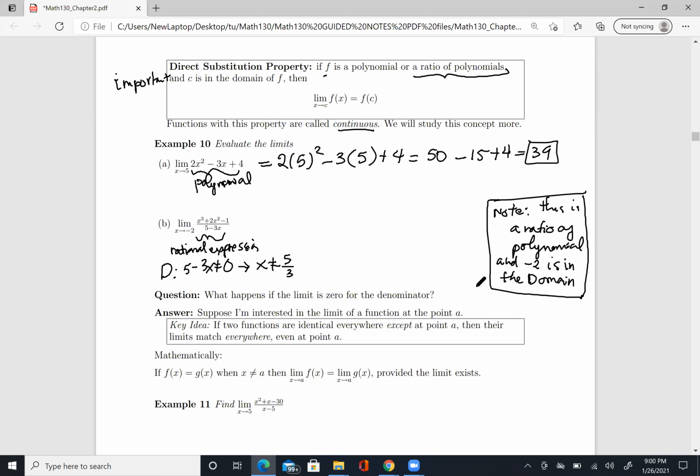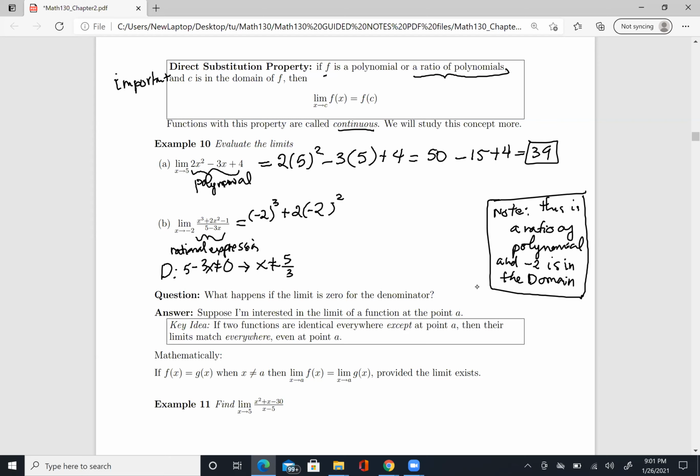Okay, so now it's time for direct substitution. I have x equal to -2, so I put -2 to the power 3, plus 2 times -2 to the power 2.